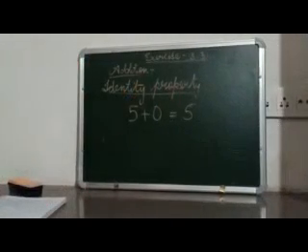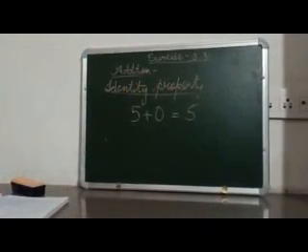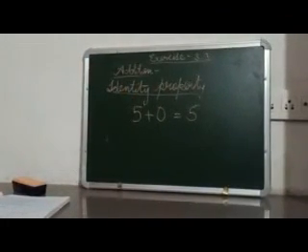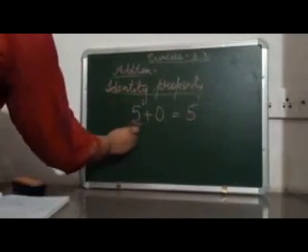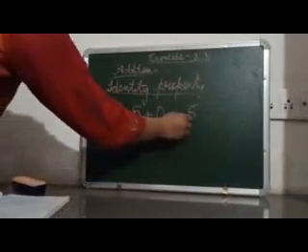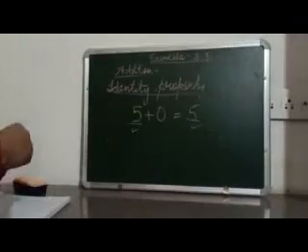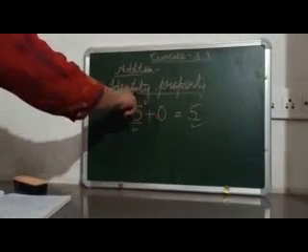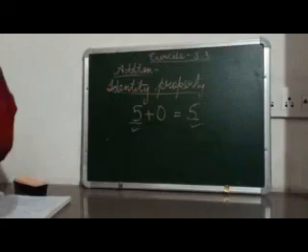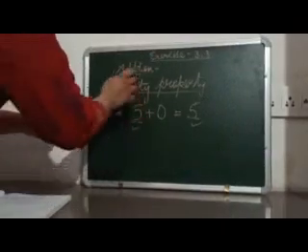So that means whenever 0 is added to an integer, it will leave the integer unchanged. As you can see here, it was 5 before addition and the result is 5 again. So we can say that 0 is the identity element for addition of integers.